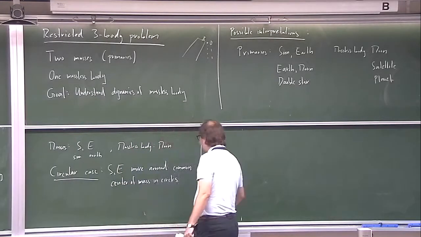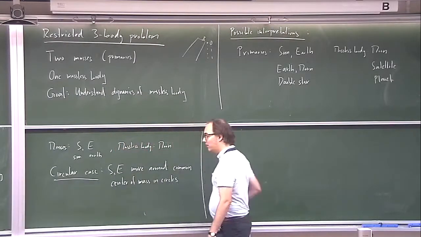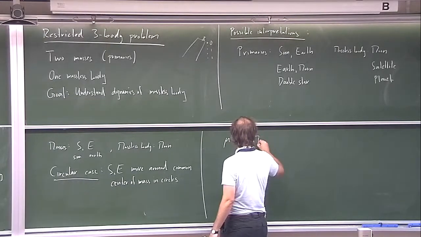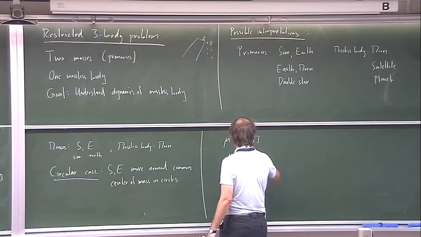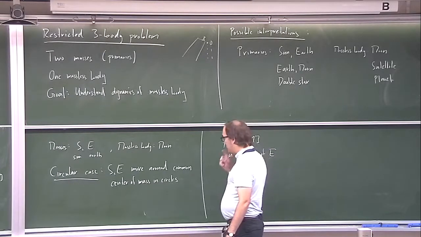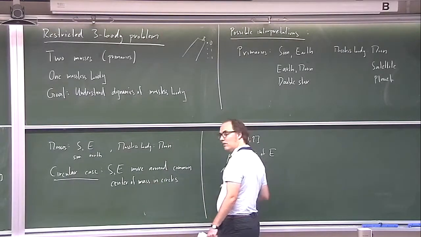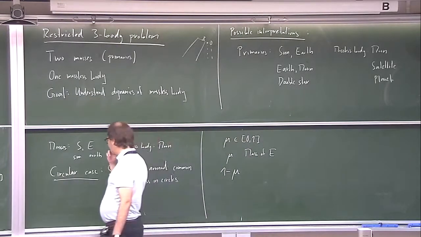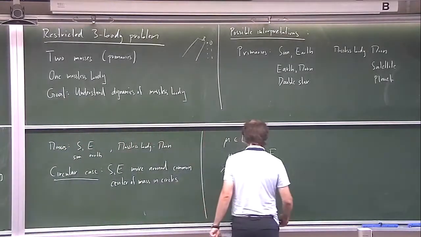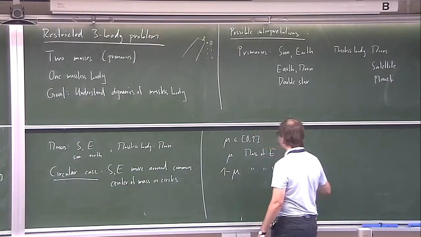So I need one parameter. This is the mass of the Earth. So we have mu in (0,1), and mu is the mass of E. And my total mass, as a unit of 1 kilogram, is the sum of the mass of the Earth and the Sun. That's my mass unit. So 1 minus mu is the mass of the Sun.